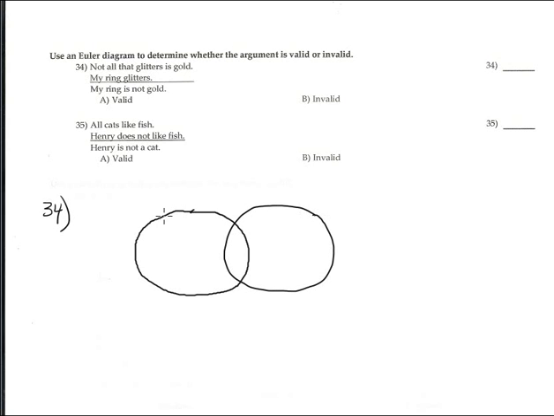This represents glitter things, and this represents the gold things. The second premise says my ring is glitter. Okay, so there are two possibilities. You get X is here, X is here.